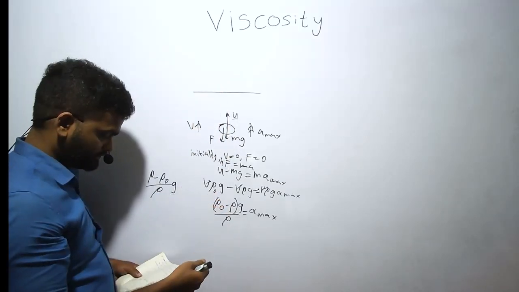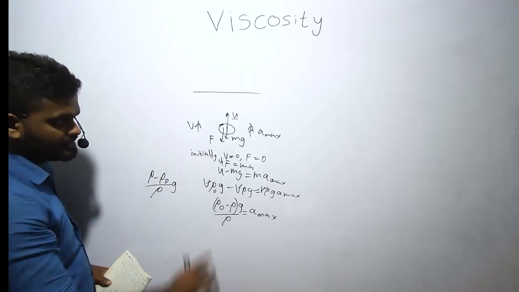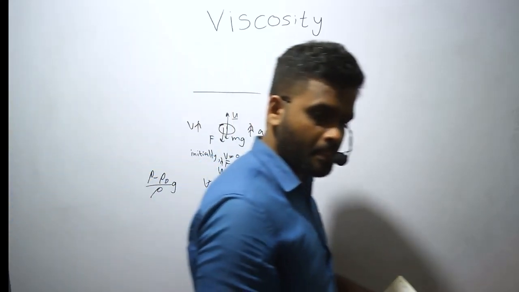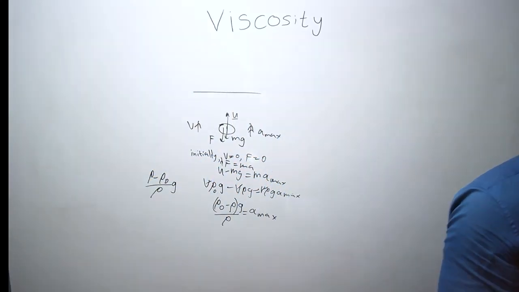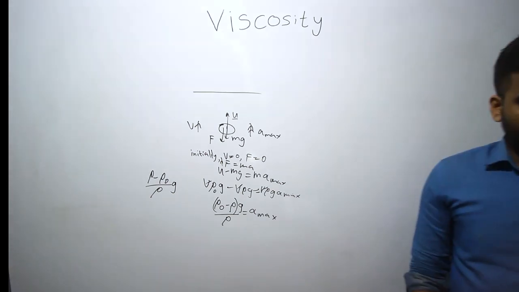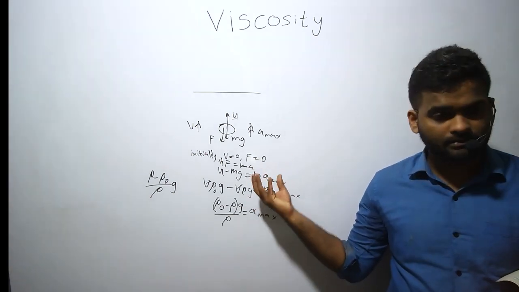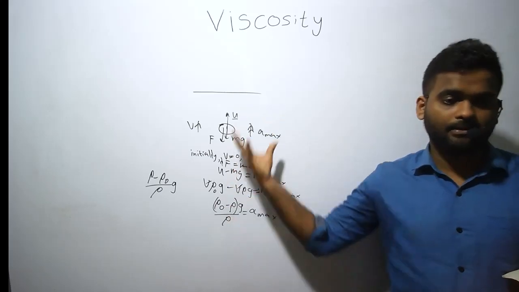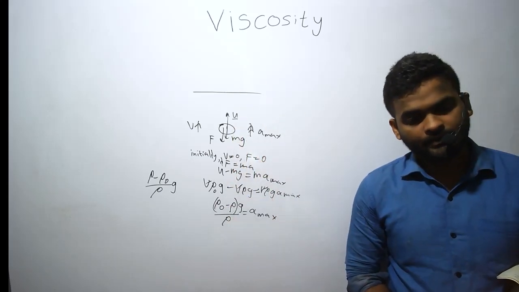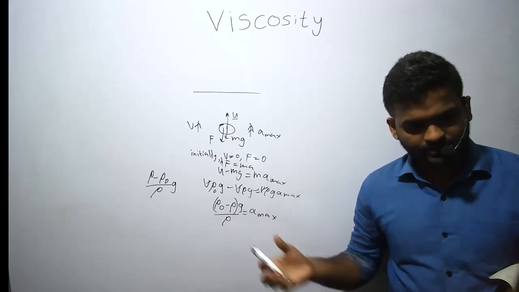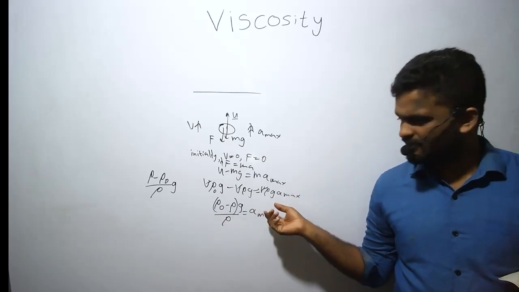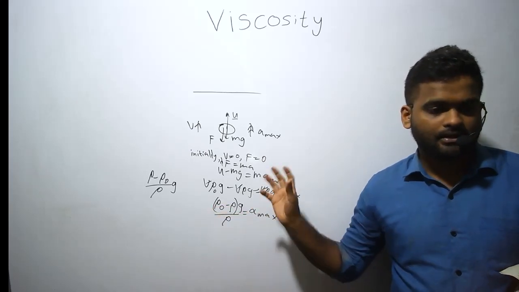Okay, just take this down. So this is what you get when the object goes up. All the other equations can also be derived. You don't have to remember each equation. You can derive these.